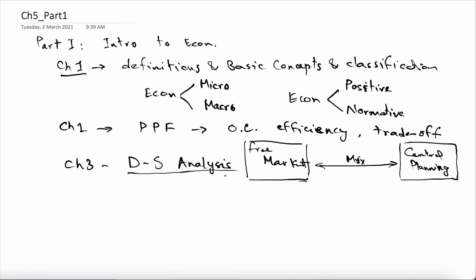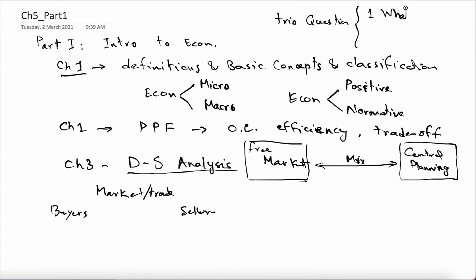But if you know the demand and supply analysis, if you have a market consisting of buyers and sellers, you know how the trade is solving those trio questions, the fundamental questions: what to produce, how, and for whom. So we have covered all these things.